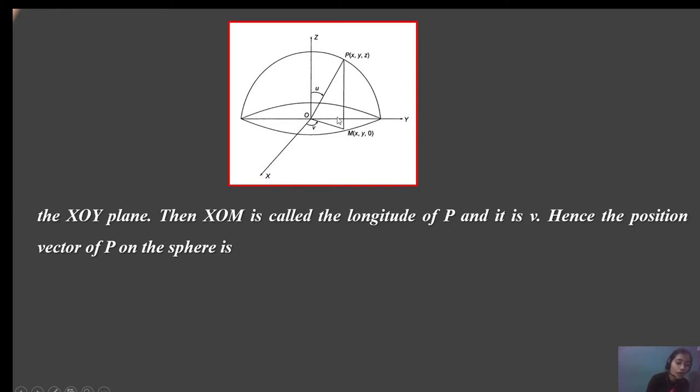Then XOM is generated. This angle is called the longitude of the point P, and it is V.